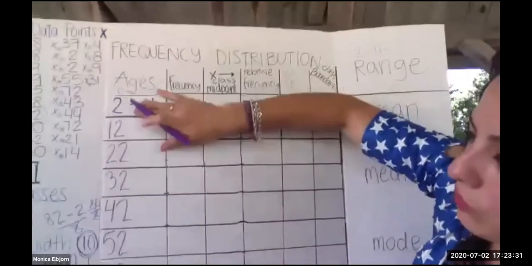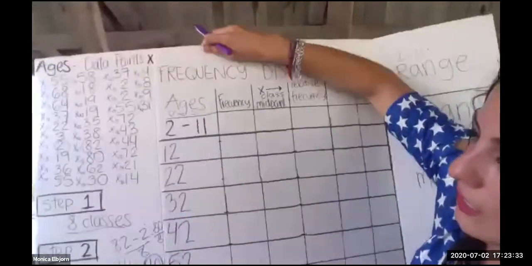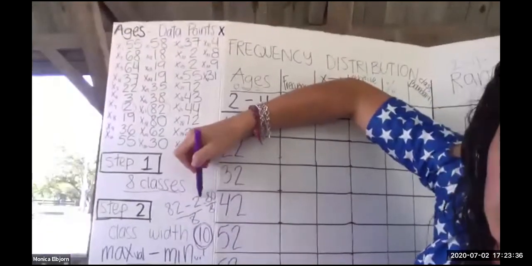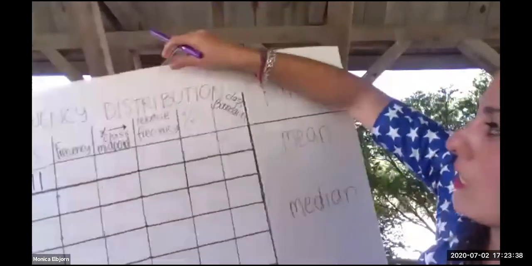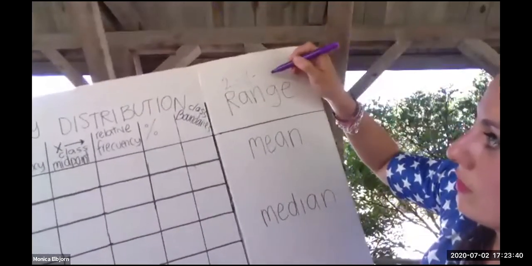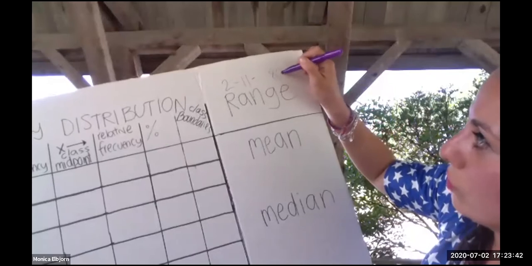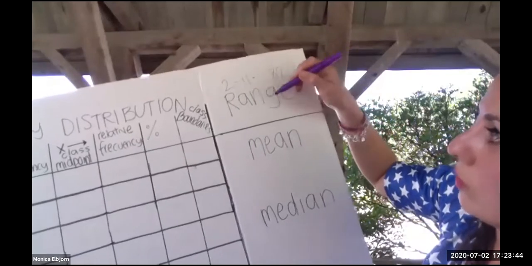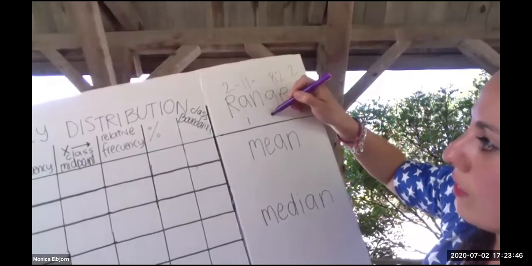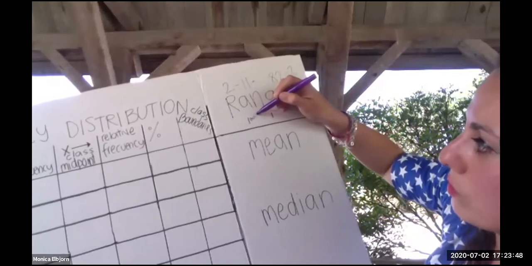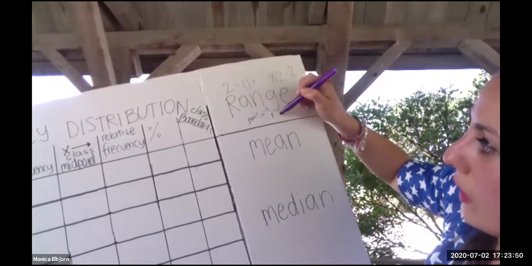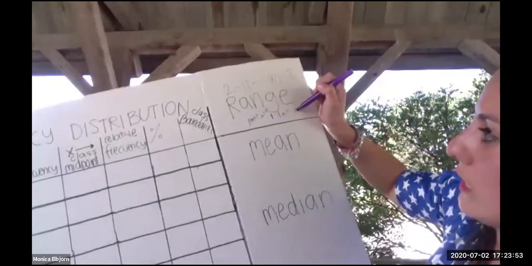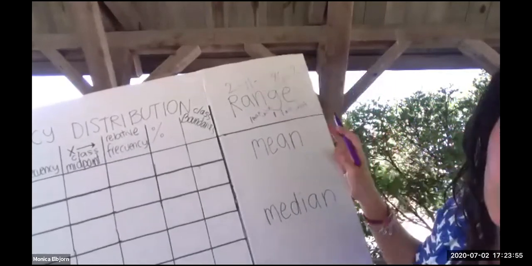But our range for the whole data is going to be from 2 to 82. So the range is just the maximum value and then the minimum value of a data set. So this is called the range.